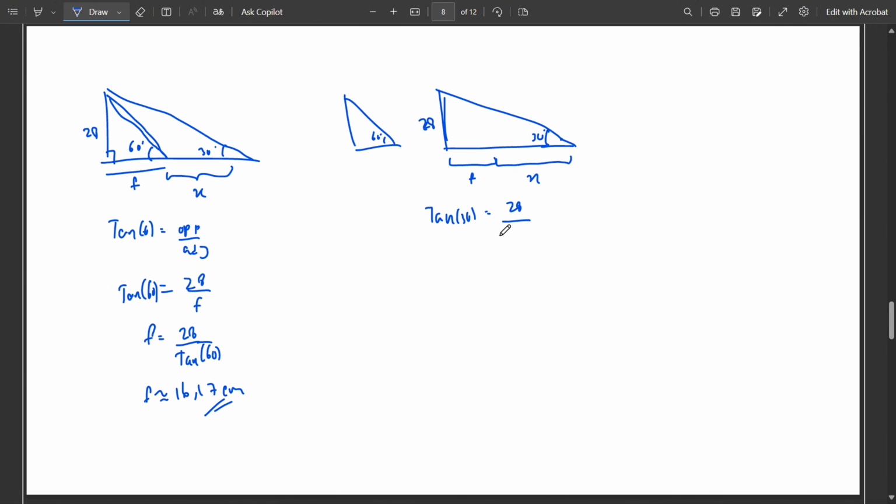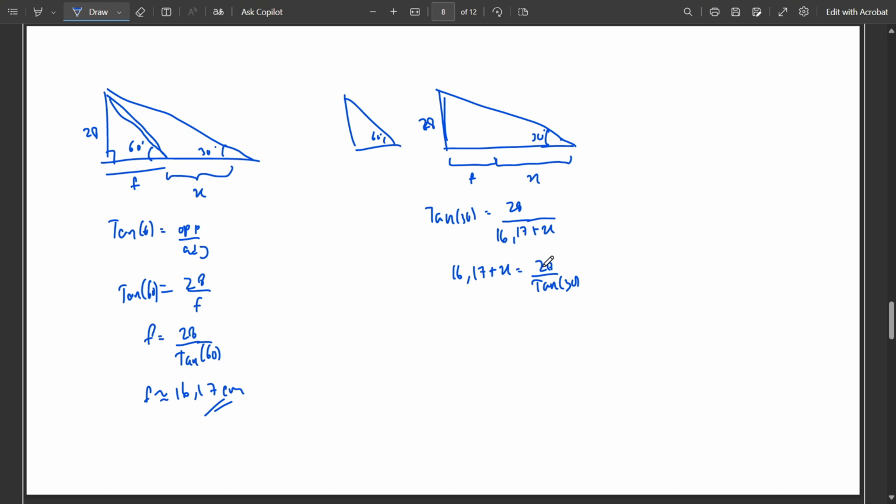So 16.17 plus x. Well, using algebra, we'll have 16.17 plus x equals 28 over tangent 30. Again, tangent 30 is a special angle, but we're not going to use the square root as the final form.